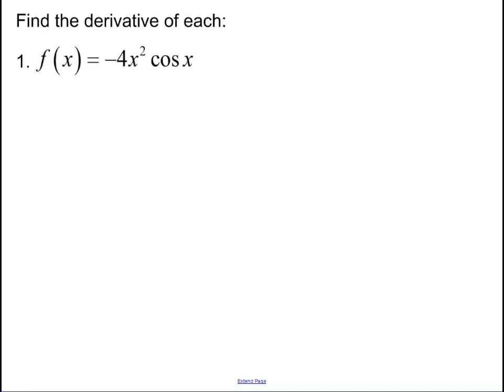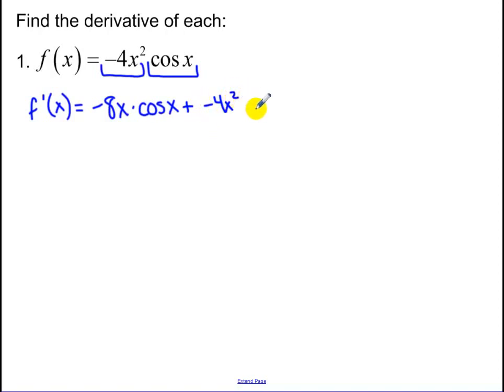Okay, find the derivative of that. Now we have a product rule in here because we have negative 4x squared times the cosine. So remember your product rule. I like to do the product rule where I take the derivative of the first, leave the second alone, plus, leaving the first alone, the derivative of the second, well, that's negative sine of x.